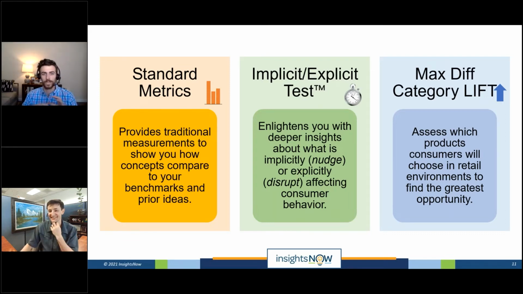And that implicit, explicit tests enable us to uncover the consumer behavior and unlock the subconscious responses to the anticipated emotions and benefits to help us understand and help our client, Tofurky, understand how each either nudge or disrupt as defined by the time it takes for them to think about that stimulus. And then with the category lift, we're informing Tofurky by way of which concepts have opportunity for the retail success.